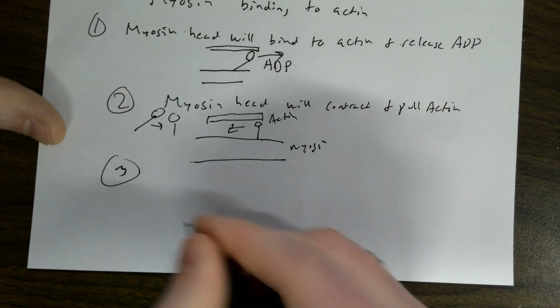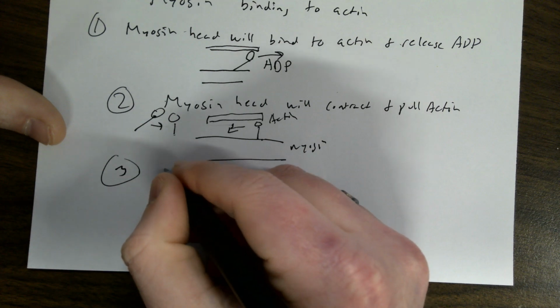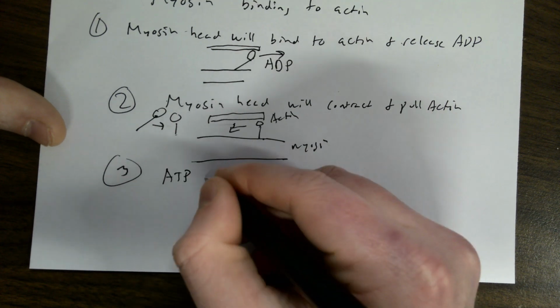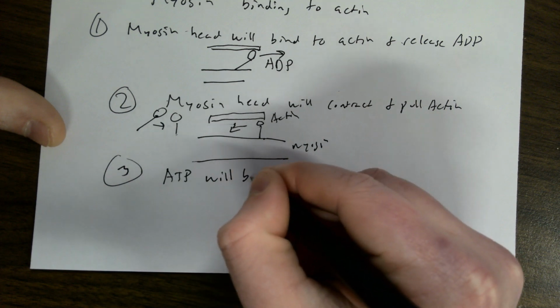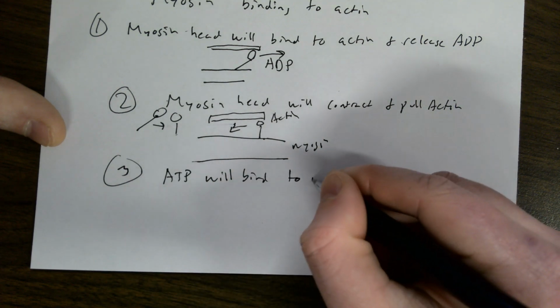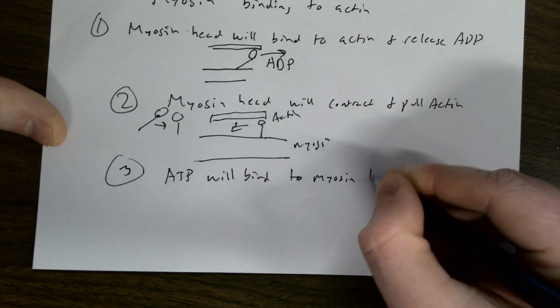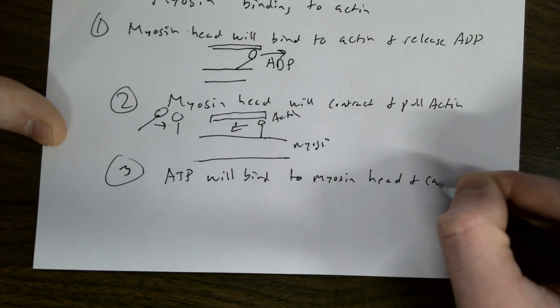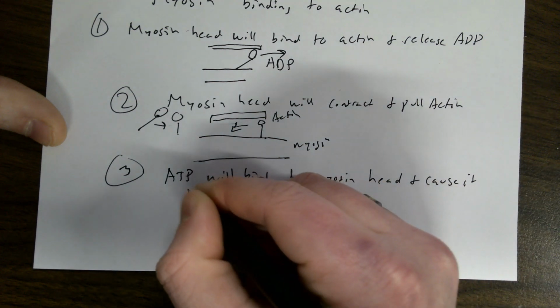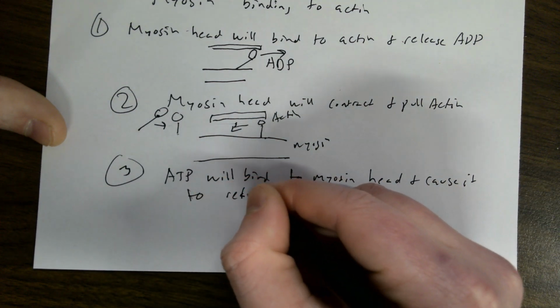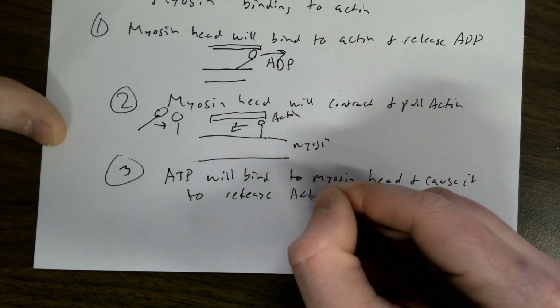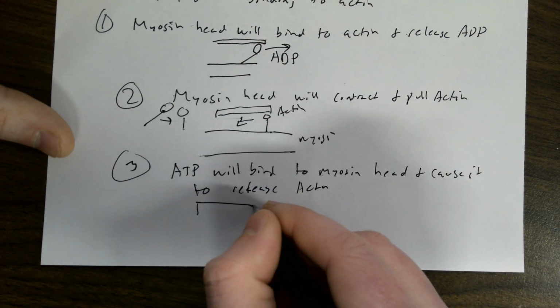Then from there, the ATP will bind to the myosin head and cause it to release actin. So then it'll look like this.